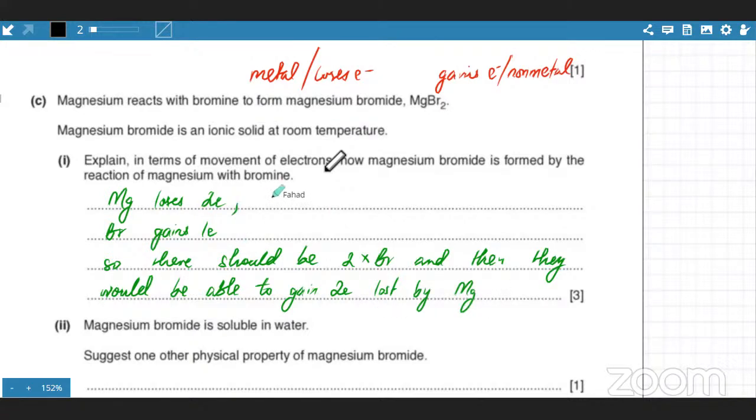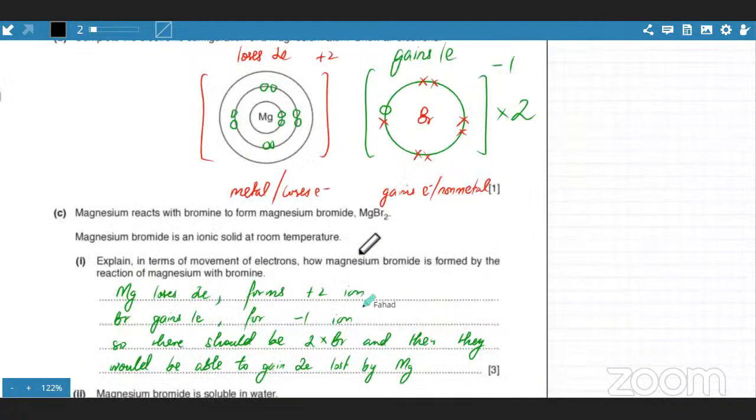I'm also going to write the charge. Mg loses 2 electrons, forms a +2 ion. Bromine gains 1 electron, forms a -1 ion. Anyway, that's how magnesium bromide is formed from the reaction. So we pretty much described everything that was happening over here in this dot and cross diagram.